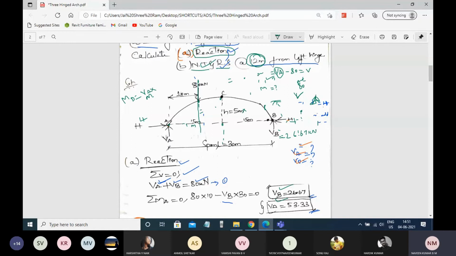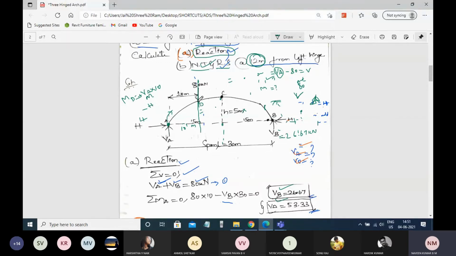VA is a vertical force, and to reach D, you require a perpendicular distance of how much? 10 meters. So that is VA into 10. And see the rotation of this particular load in order to reach D, it is clockwise, so plus. Understood? What is the other force? H is acting. H is the horizontal force to reach D.